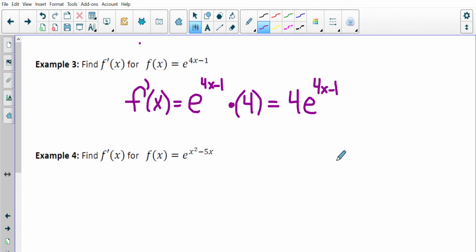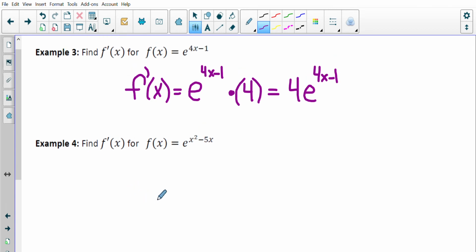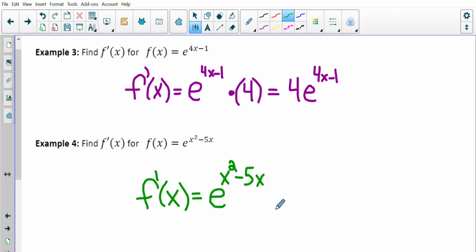There we go. All right, example 4. Again, just a little bit different. We got a little more of an elaborate function as our exponent. But again, when I find the derivative, we've got f prime of x is equal to, again, we just have our original function. I'm going to write it down first. That doesn't change. So e to the power of x squared minus 5x. And then, of course, using the chain rule, we have to take the derivative of the function in the exponent.